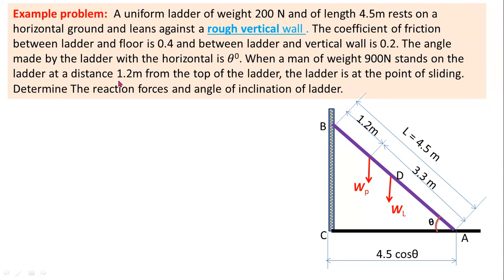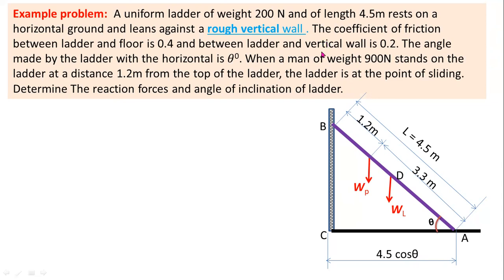From the given question, first of all, you have to identify the given values. Here the self weight of the ladder is 200 newtons, that is WL equals 200 newtons, and the length of the ladder AB equals 4.5 meters. The floor and vertical wall are both rough surfaces, so you have to consider frictional forces for the floor and vertical wall.